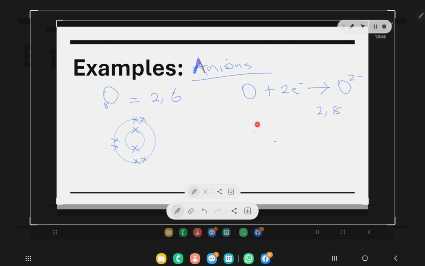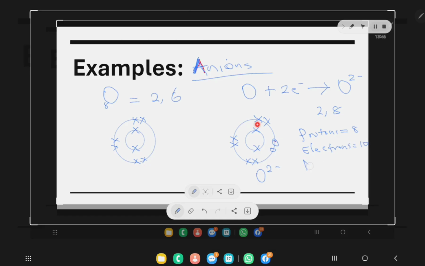And let's represent it in a circle. It will now become this, and let me use these as the electrons that it gained. Now in this anion, the oxygen ion O2-, what is unique here? The number of protons is still 8. The number of electrons is now 10.